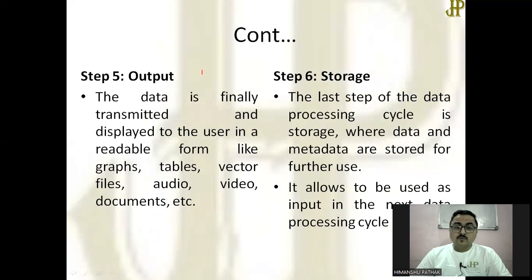Now, the data is finally transmitted and displayed to the user, again in a readable form, like graphs, tables, vectors, files, audio, video, and documents. And the last step of the data processing cycle is storage, where data and metadata are stored for further use, so that we can analyze that output data in a more specific manner.